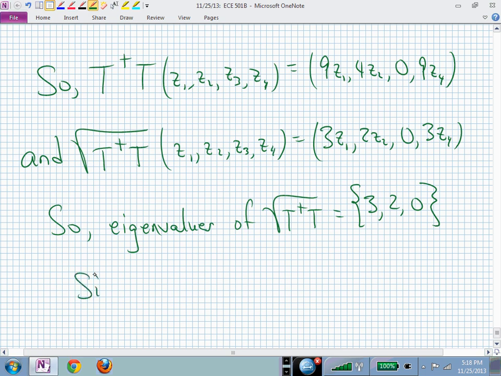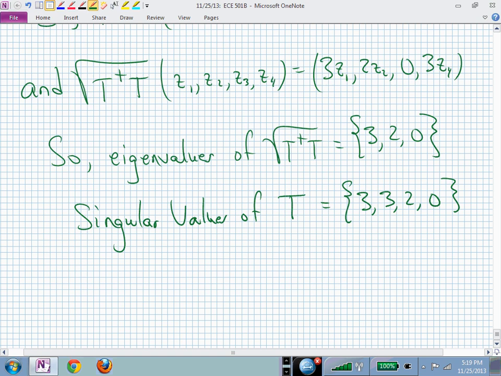What are the singular values of T? Those are the eigenvalues of the positive square root of T dagger T, aren't they? So now I have 3, 3, 2, and 0.